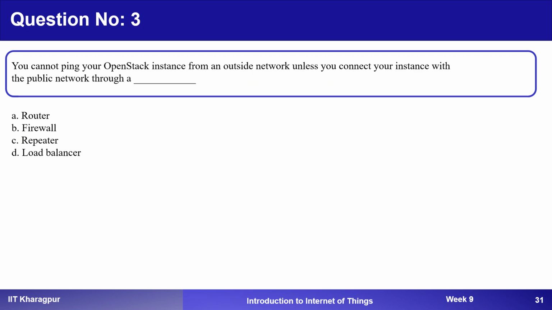Next question is, you cannot ping your OpenStack instance from an outside network unless you connect your instance with the public network through a blank. Options are router, firewall, repeater, load balancer.